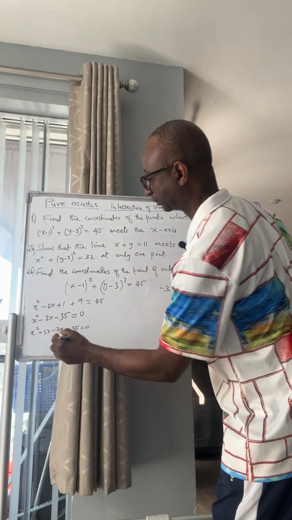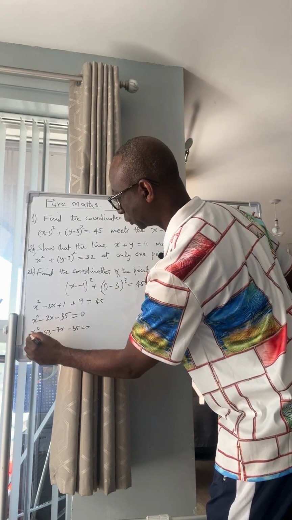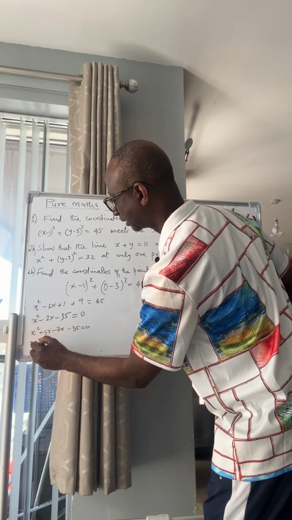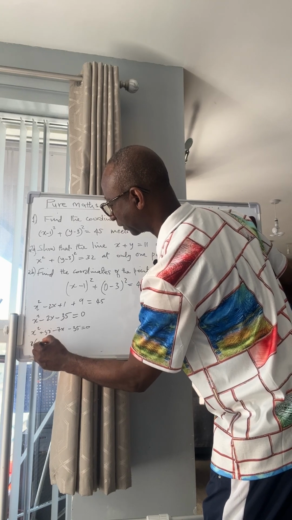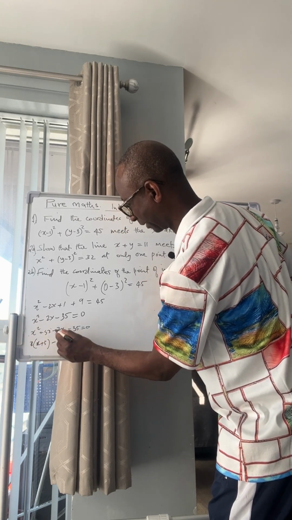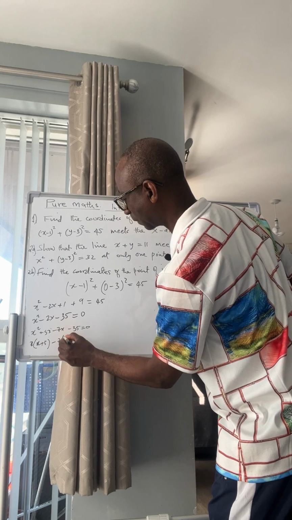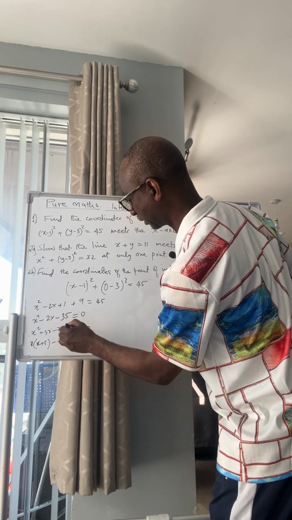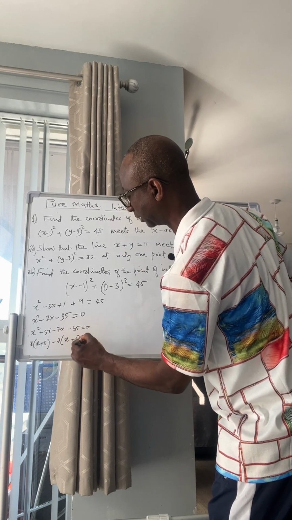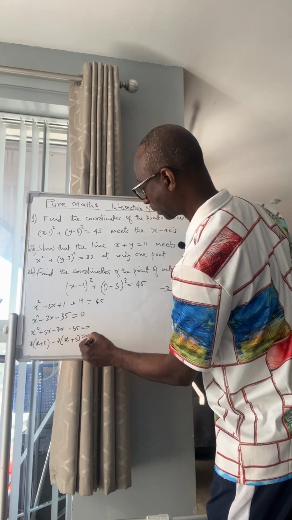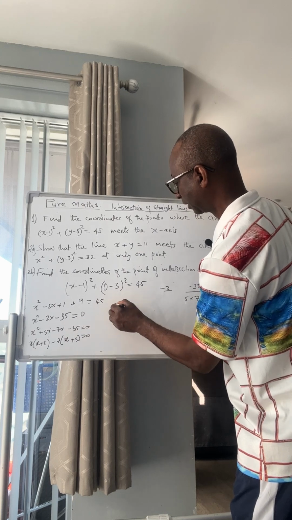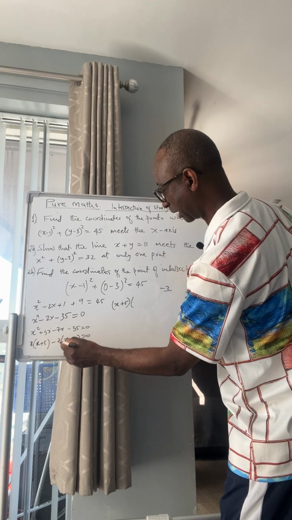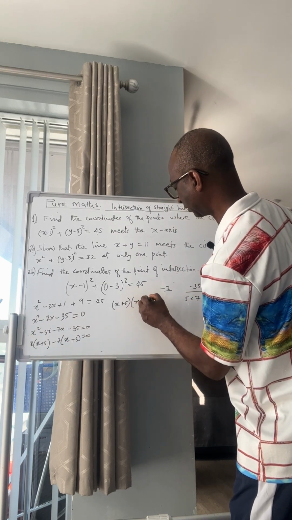So now let's factor. We'll take these two and these two. So now you have x into (x + 5). You have minus 7 into x. Because of the minus sign, this minus sign will now change to plus 5 equals 0. So now you got x + 5 as one factor and x − 7, all equals 0.